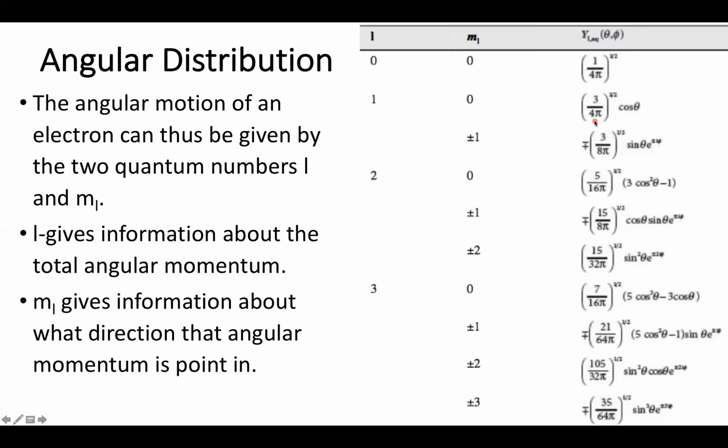So in this case, it's more or less moving in a ring up and down. In the plus case, it's moving clockwise. In the negative case, counterclockwise. And of course, this gets amped up as we get higher and higher angular momentums, where the direction can now be not just up, down, or in the x-axis, but also somewhere in the middle, because I have more options for angular momentum.